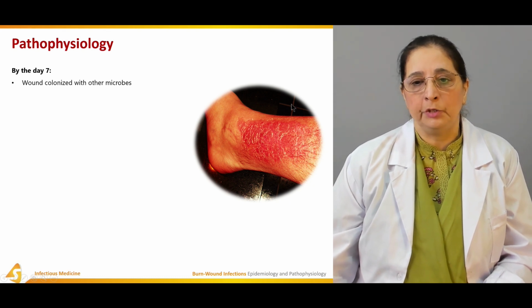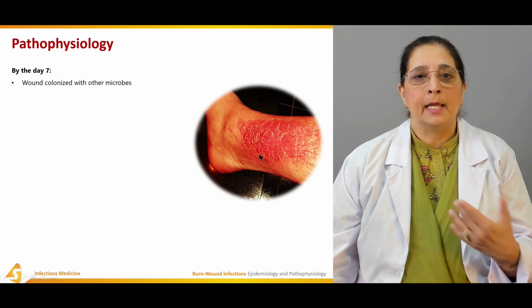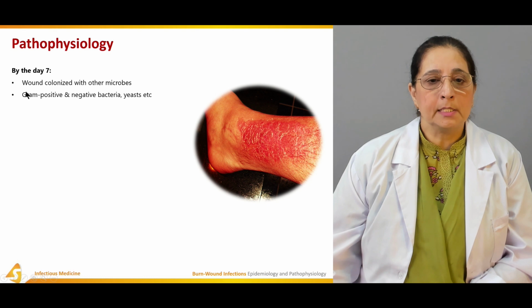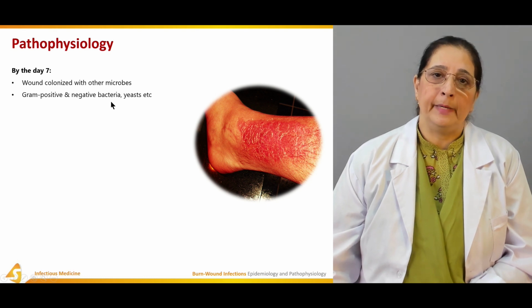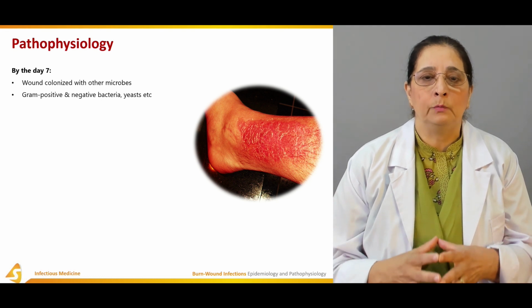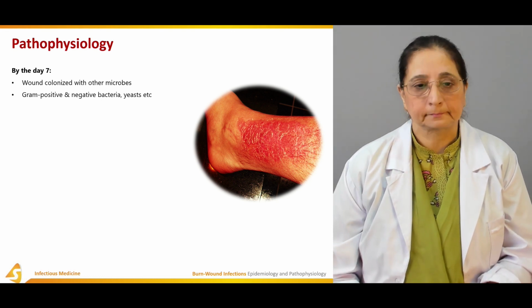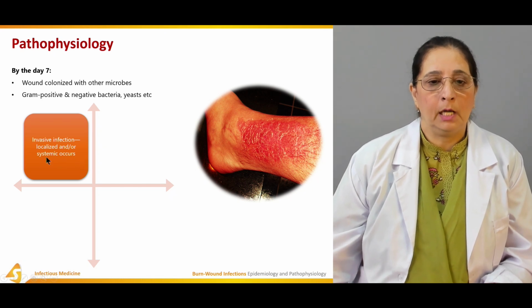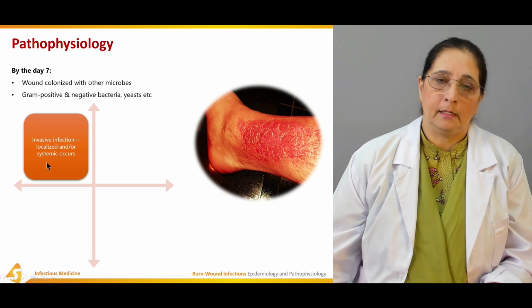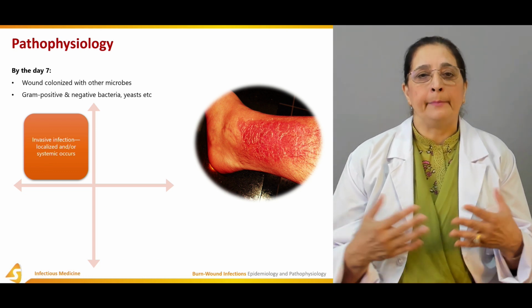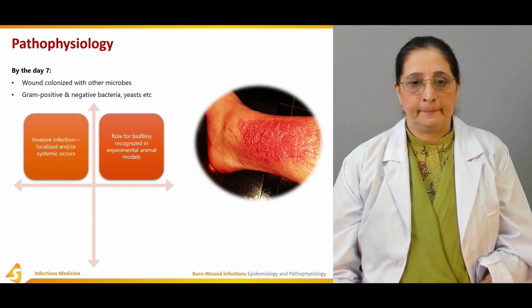That's the picture you can see as time passes. Gram-positive and gram-negative bacteria, yeast, etc. now attack the burn wound. Invasive infection, localized or systemic, occurs. So invasive infection occurs which can be systemic or localized.